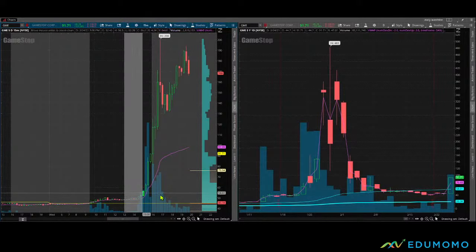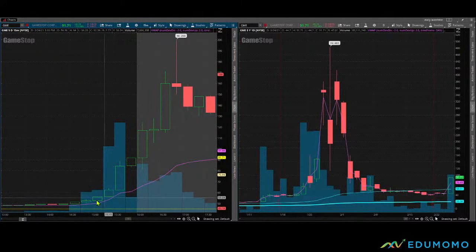And if you look, where did the carnage really start? It wasn't right here. It was when we crossed this 55, right? At this point, anybody who was short all this week is probably going to want to stop and cover. And it just starts accelerating.